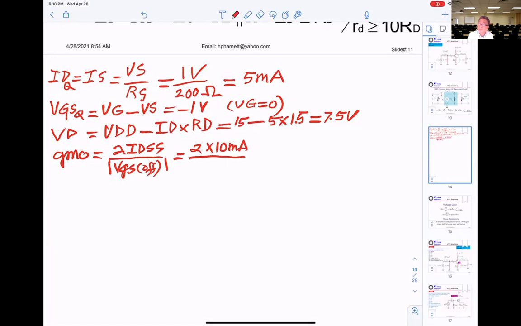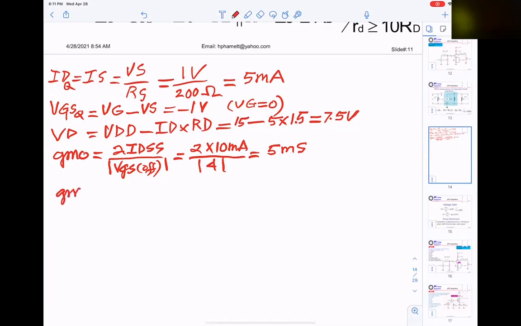VGS off minus 4. Divide 4, you get 5 milliSiemens, right? Okay, then now you want GM. Then you get GM0 times 1 minus VGS.